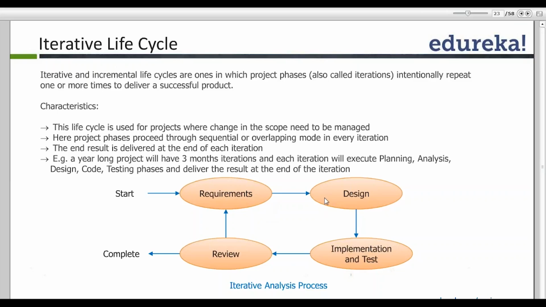In an adaptive life cycle, at the end of a 2 week iteration, or sprint as they call it, I have to deliver a potentially shippable product, or working software, to the business. Whereas in an iterative life cycle, I have around 3 months of iteration. Is the difference clear between the two?